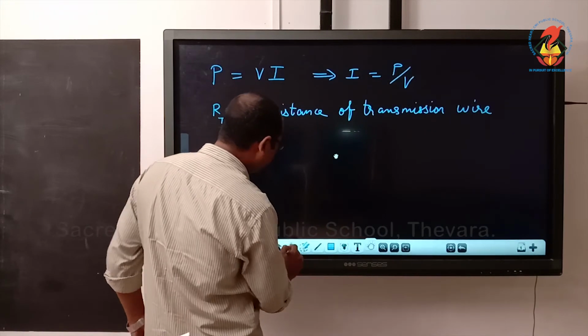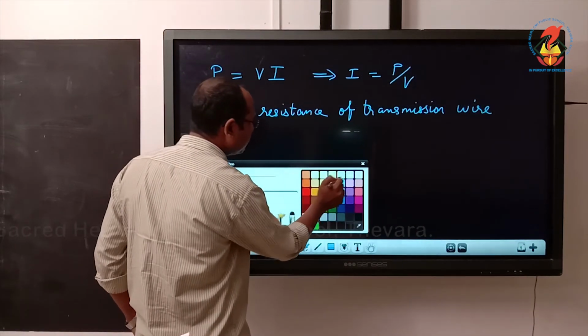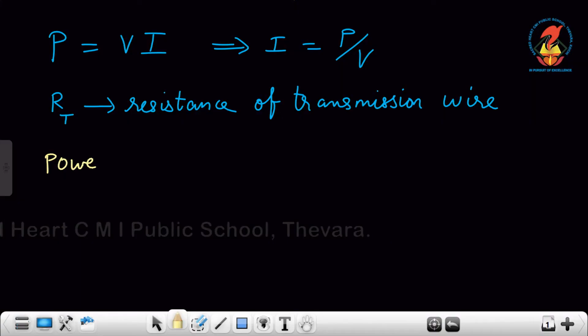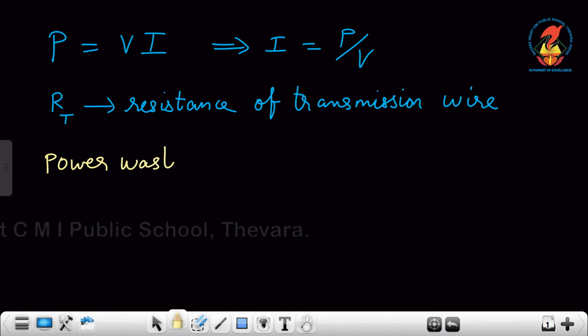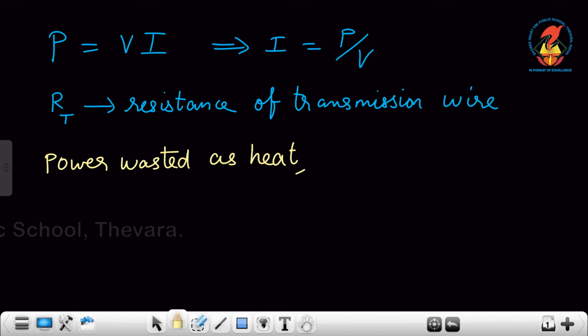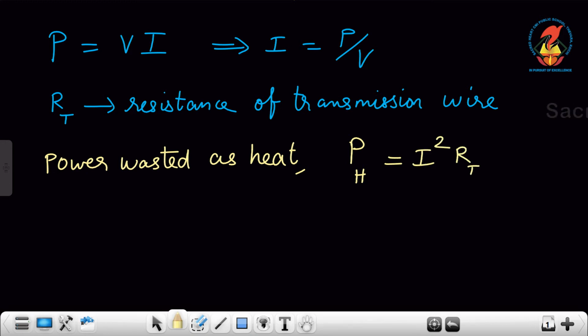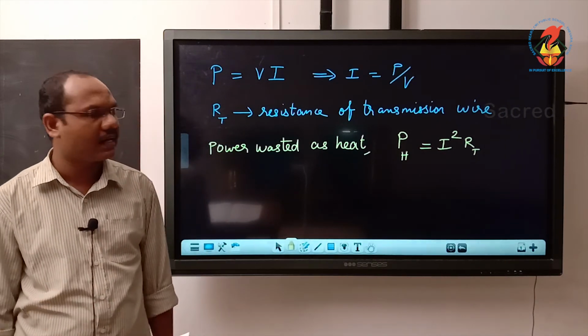So how much power is wasted as heat? Power wasted as heat, Ph, can be written as I square into RT.